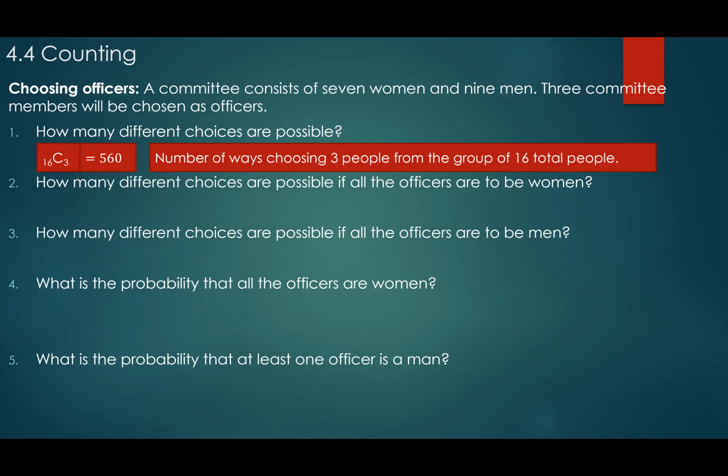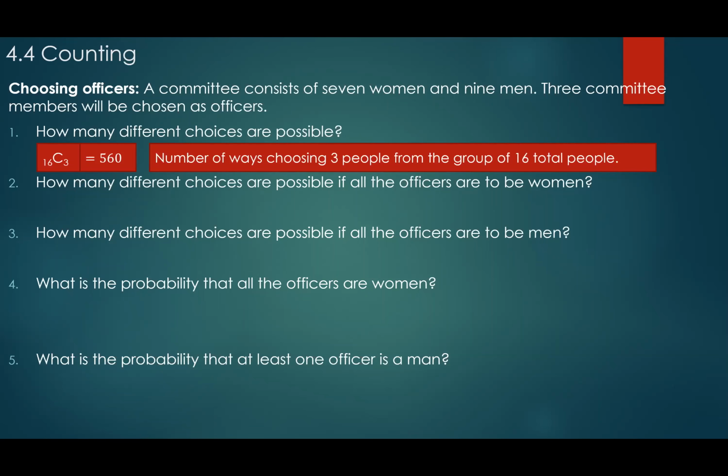Looking at number 2, they ask how many different choices are possible if all 3 committee members are women. So now they specifically ask that we just want the women, but among the women there is still no ranking or order. There's no one first, second, or third.